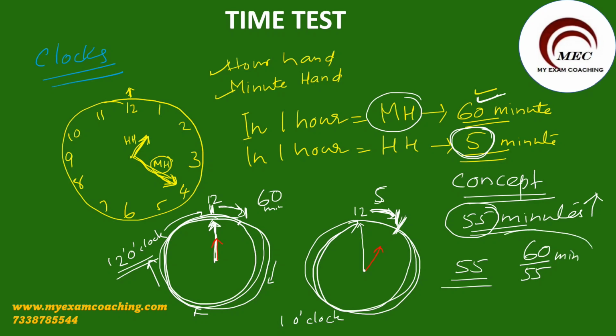So this number we have to remember for your competitive examinations. Remember this, very important: 60 by 55. Why? Because we want this in every problem solving. 60 by 55 minutes आगे है. That is called minute space.